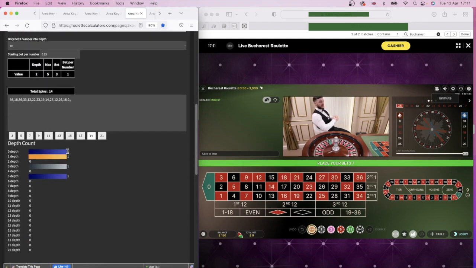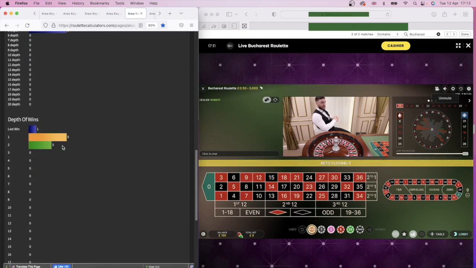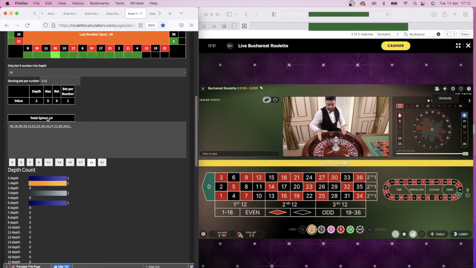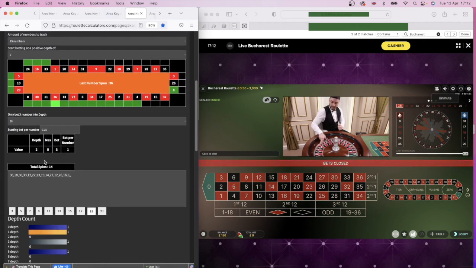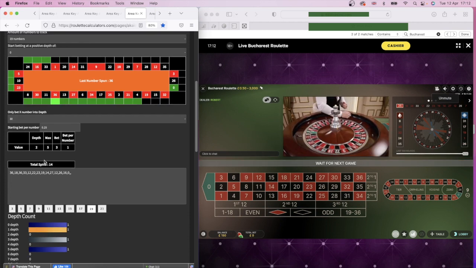You can see there a depth of 2. So we've had a depth of 2, depth of 5, depth of 1. Now on a depth of 2 again. So just be flat betting.